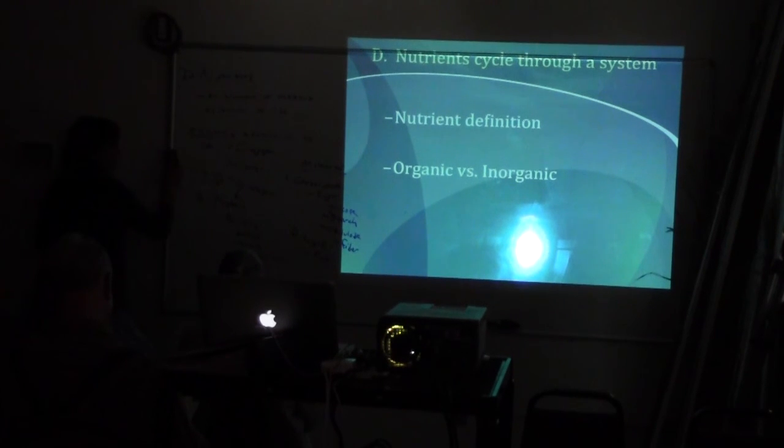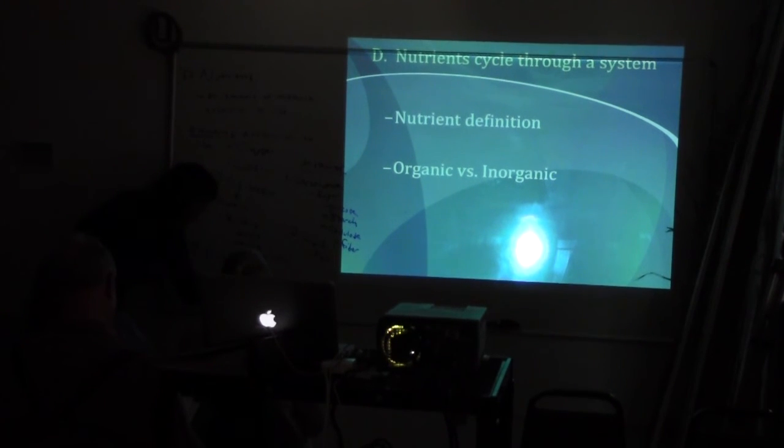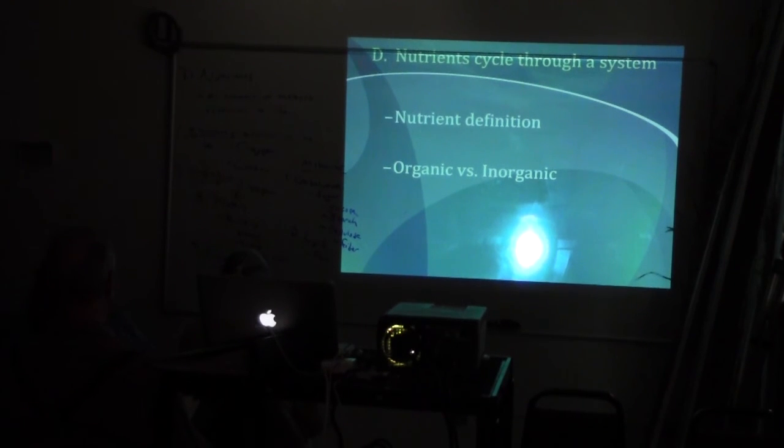The fourth group of molecules are the nucleic acids. That is the DNA. DNA stands for deoxyribonucleic acid. It's a specific kind of molecule, and it's in the nucleus of the cell, and it tells the cell how to make its proteins.